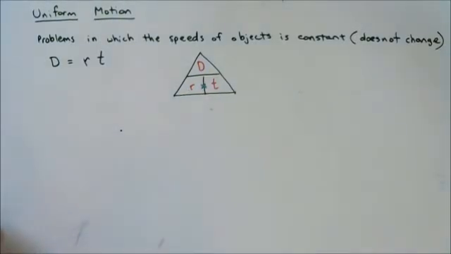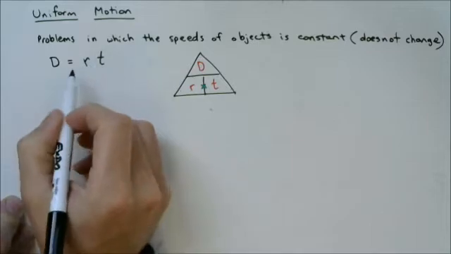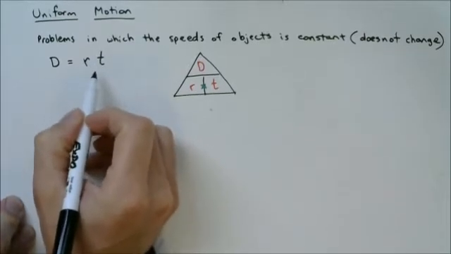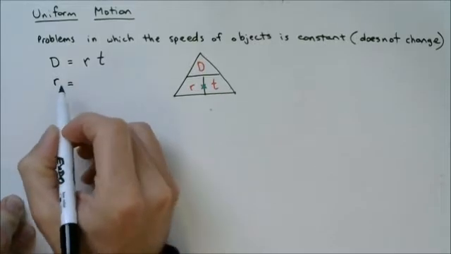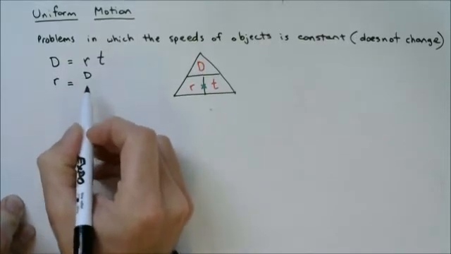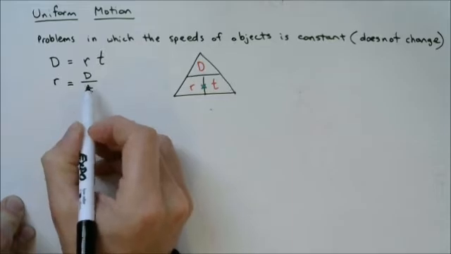And in your recent practice rearranging equations, that's pretty easy for you to see. What would happen here if I divided both sides by t? Well, I'd get this same formula, but I'd be writing it in terms of r. And I'd get r equals distance over time.